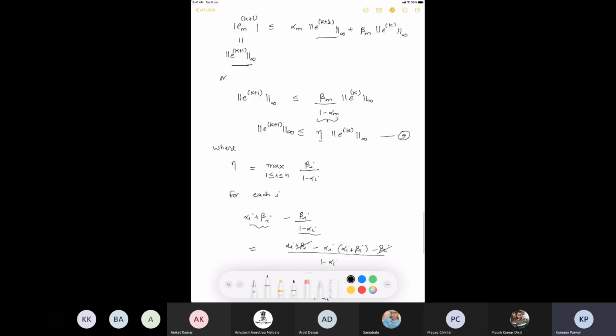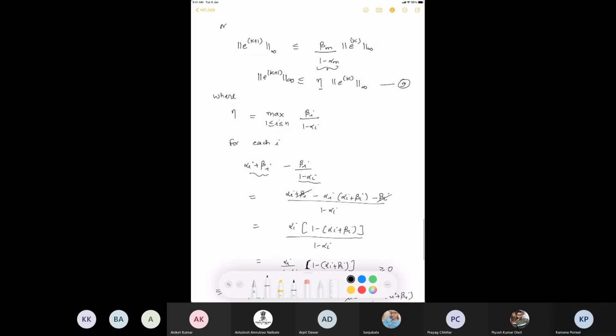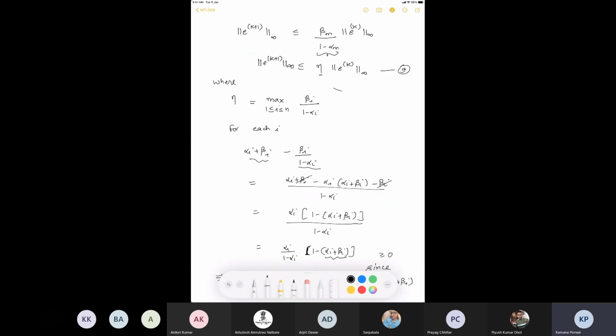Okay, so if I look back at equation number 9, and iterate this process, that is, ek will be less than or equal to eta times ek minus 1, and further ek minus 1 will be less than or equal to eta times ek minus 2, and likewise.